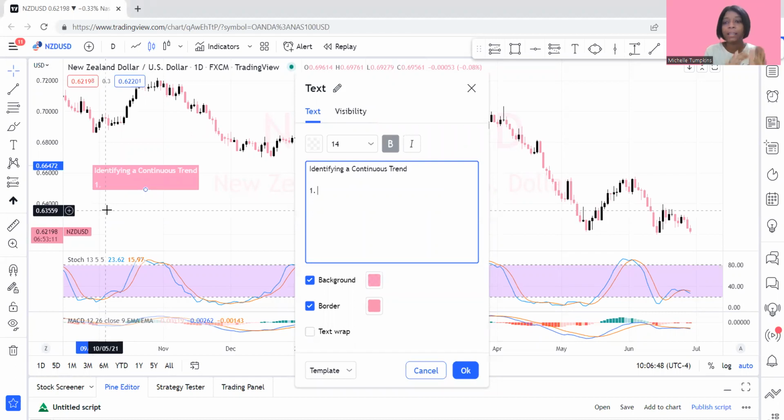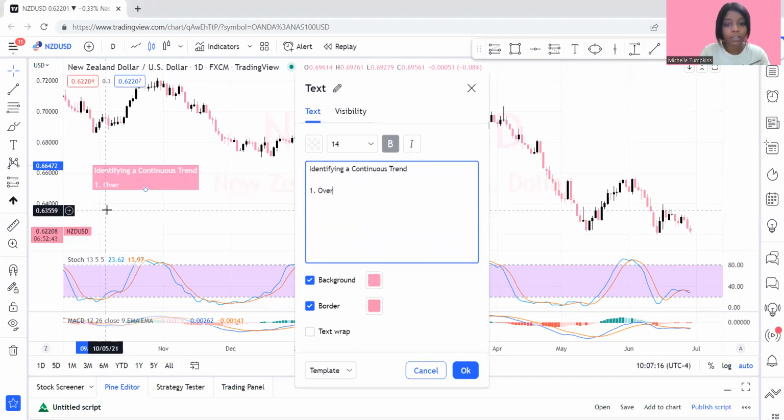Whenever you're identifying an overall trend, you always want to be on the higher time frame, whether that is the weekly or the day chart. Whatever is happening on those time frames is going to happen on your lower time frames. This is why I always tell people to start with the higher time frames, especially if you're a beginner, because whatever's happening on those time frames is going to happen on the smaller time frames. So it makes things that much clearer for you to figure out what exactly you are looking at.